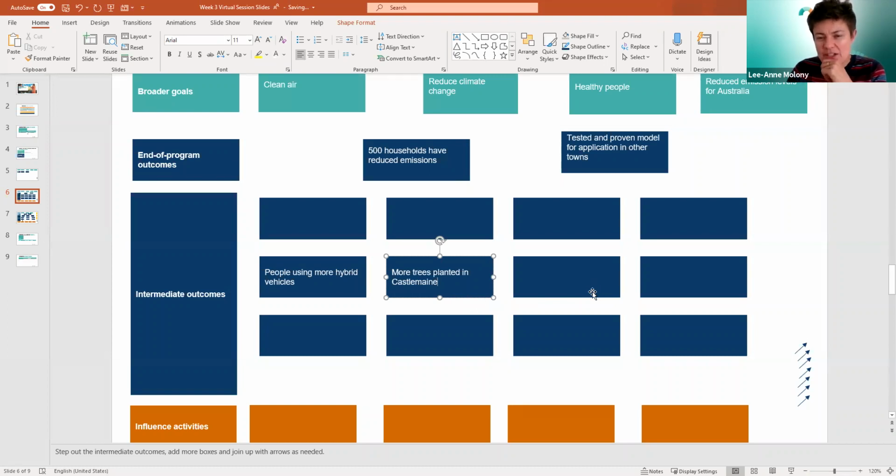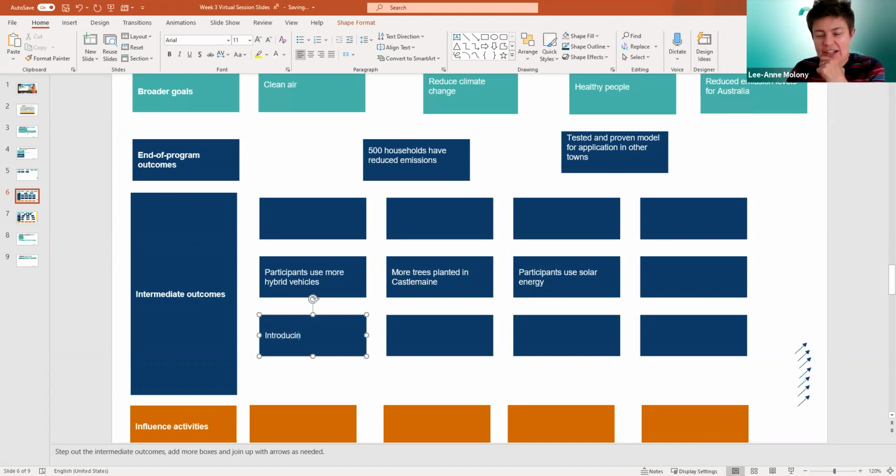Another one that someone mentioned, using solar energy. Introducing incentives and awards program for households using clean energy.